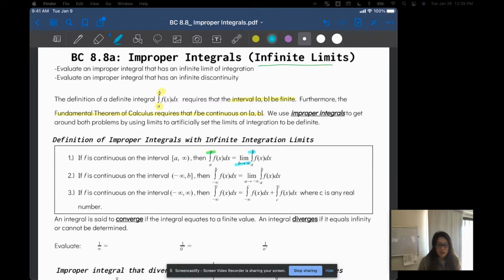We do the same thing if the bound is negative infinity, except we replace negative infinity with a and then take the limit as a goes to negative infinity. And we can do this with both bounds being infinity, negative infinity and infinity, by splitting up our integral into two limit integrals.